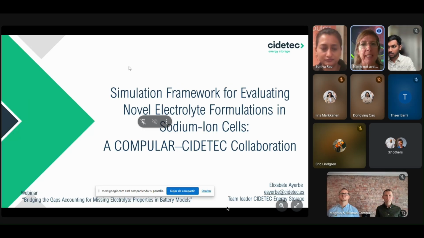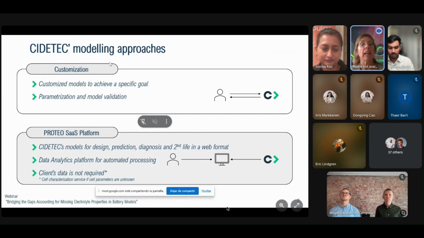So let me start by saying that I'm team leader at Cidetec Energy Storage, which is a non-profit private organization in San Sebastian, and we have activities in modeling where we are sharing customized models to clients and industry, but also a software as a service platform where we have embedded certain models that we have developed in-house.